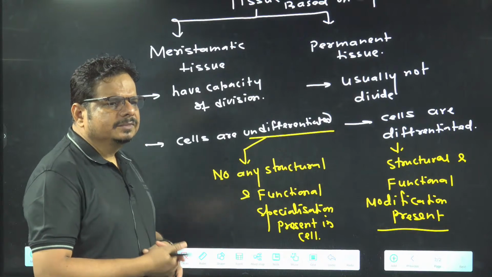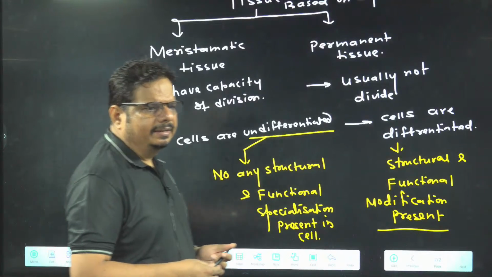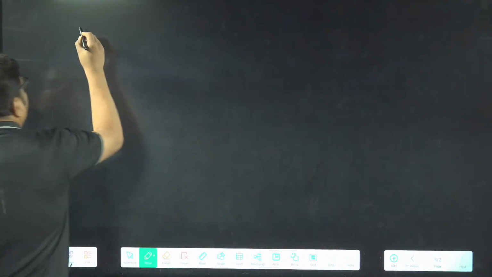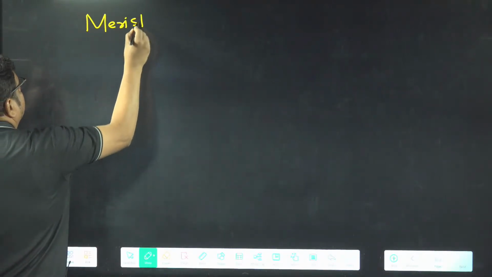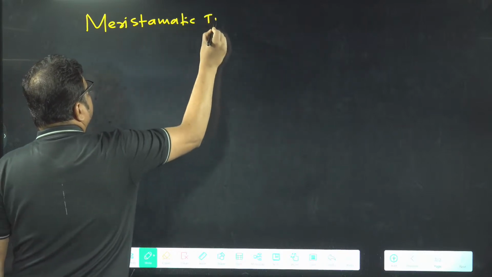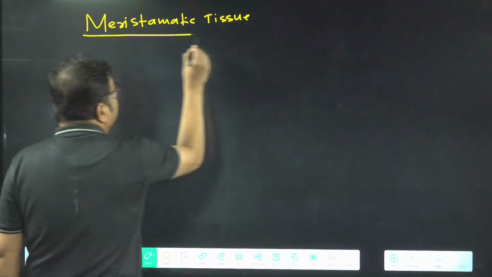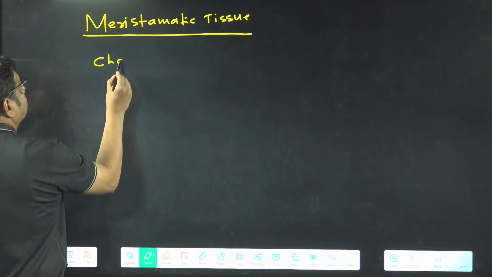It's done. Now we are going to deal with meristematic tissue in detail. So I am starting here with meristematic tissue. First of all, we are going to discuss the characters of the meristematic tissue.